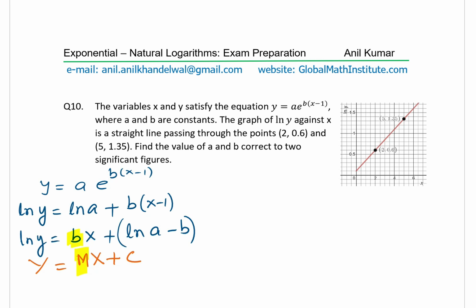We have these 2 points, so the slope is b. So b is equal to 0.6 minus 1.35 divided by 2 minus 5. Okay, so that gives us 0.6 minus 1.35, and we are going to divide this by 3.